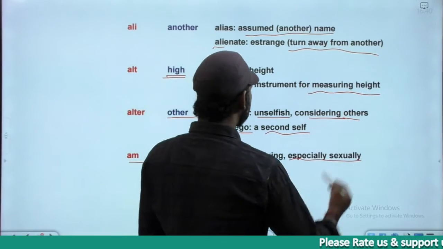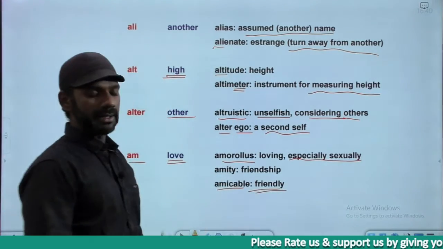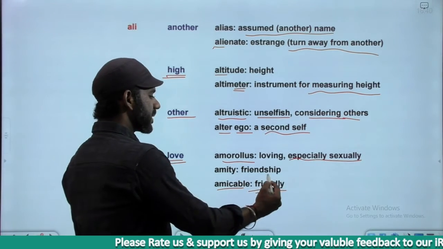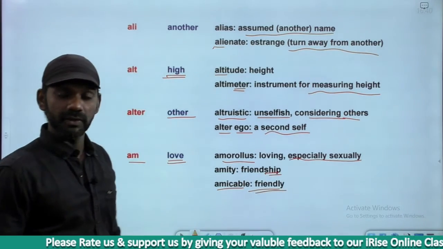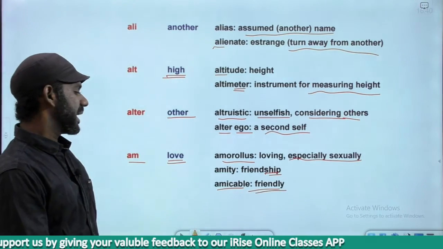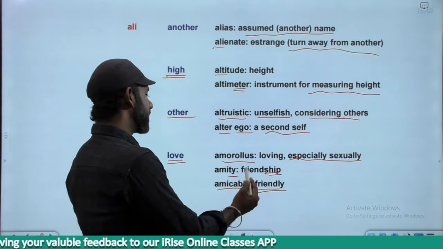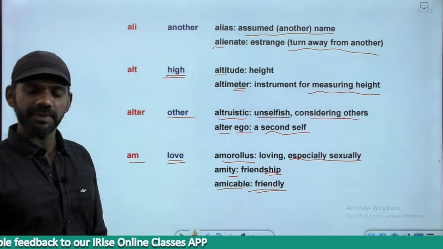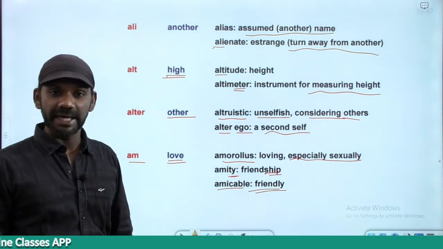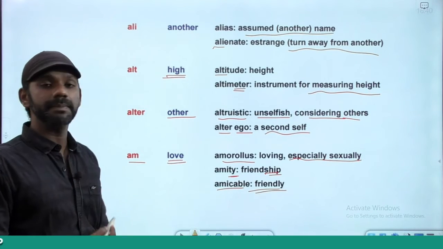Possessing sexual love for another person is amorous. Amity is friendship. Friendship is a SHIP word, noun, like relationship, friendship, citizenship. Amity is an ITY word, noun. So amity means friendship. Amiable is loving. Amicable is being friendly. So AM means love.